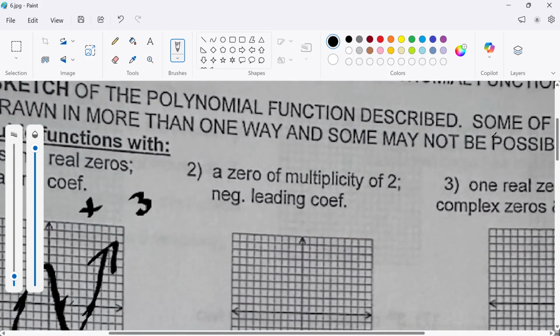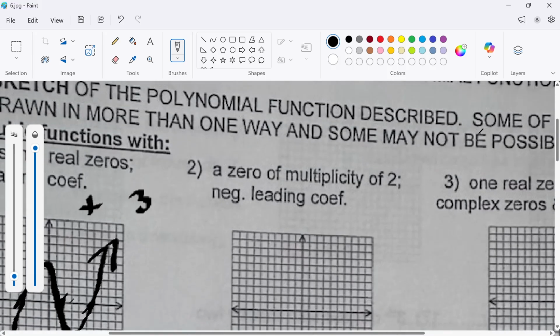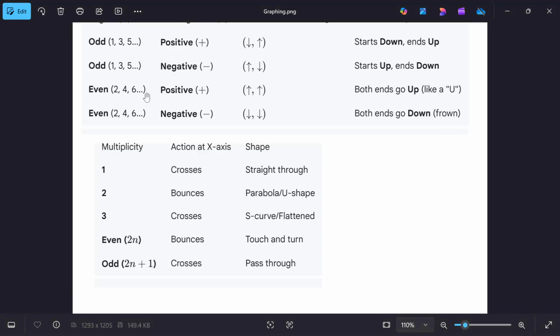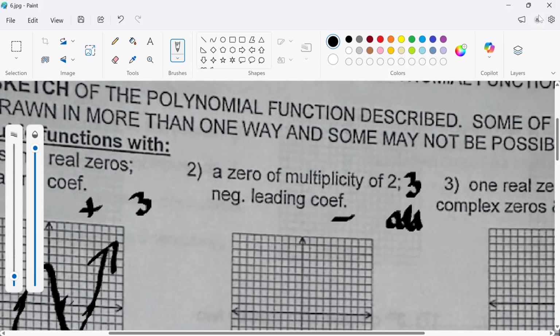Let me try this one. 0 of multiplicity 2 and a negative leading coefficient. Well, it's still a cubic function, so it's odd. And I'm going to put 3 so I know it's cubic. And it's negative. So negative, odd, it's up, down. It's going to start from up and end up going down. And now I need a 0 of multiplicity 2, so that's 1, 2, and there's one other.